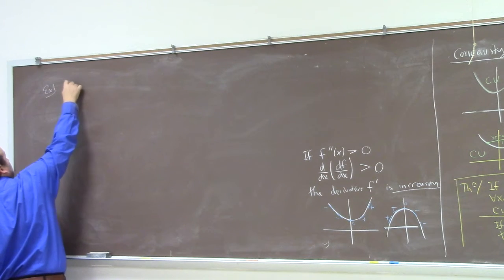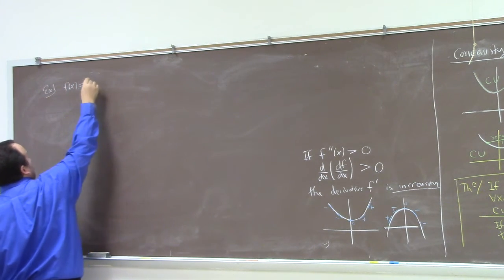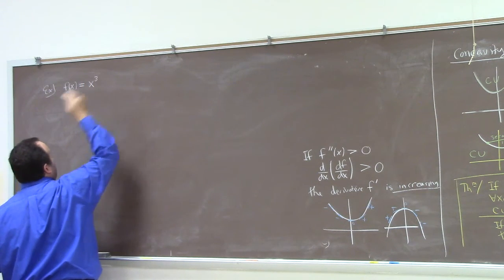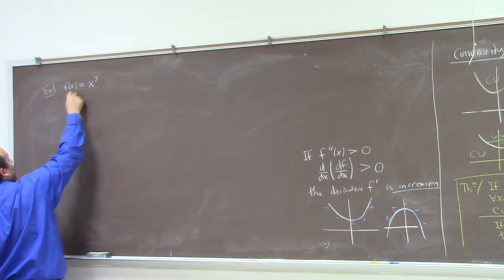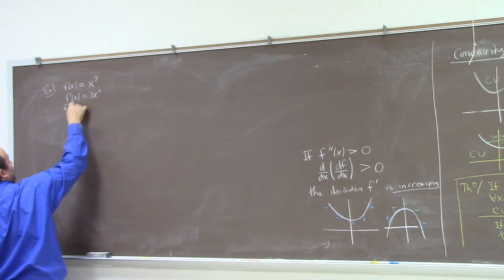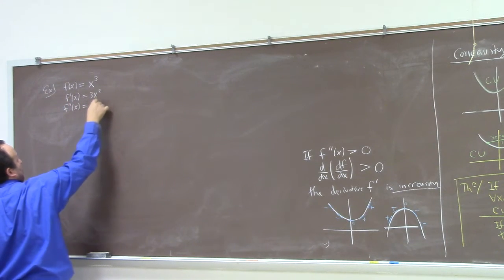If we had f of x equal to x cubed, then f prime of x is 3x squared, and f prime prime of x is 6x.